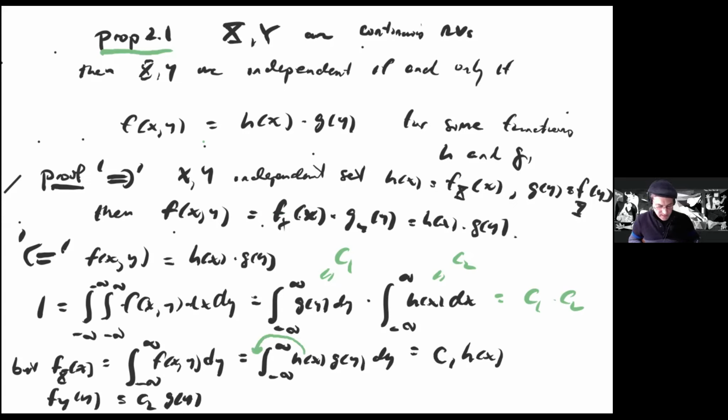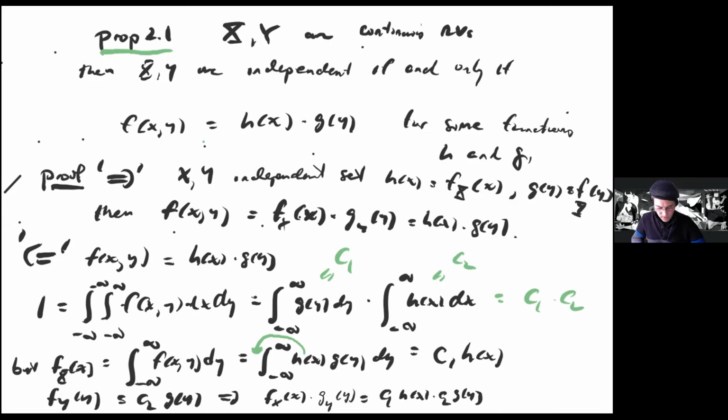But then, that implies that f sub x of x times f sub y of y, the product of the two functions, is C1 h of x times C2 g of y.